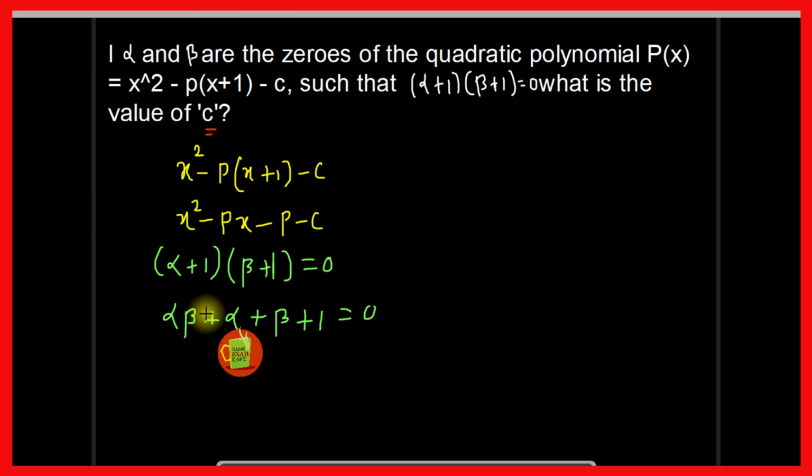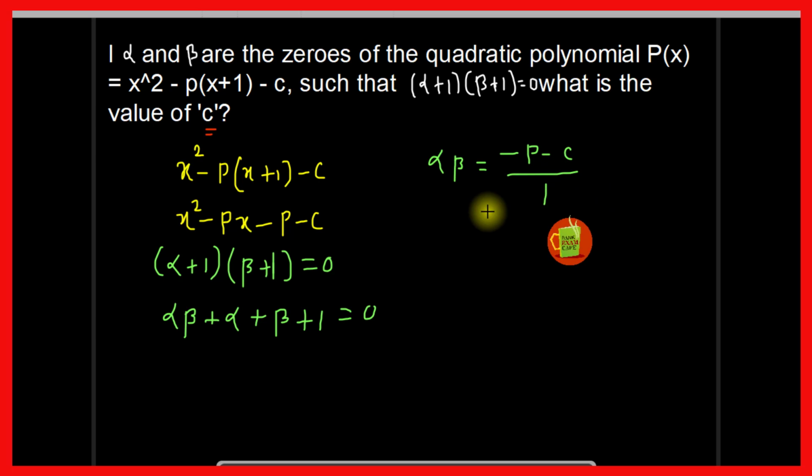Now from this we can find the product of the roots and the sum of the roots. The product of the roots, alpha beta, is equal to c upon a. So c upon a, that is minus p minus c upon 1, and therefore alpha beta is equal to minus p minus c.